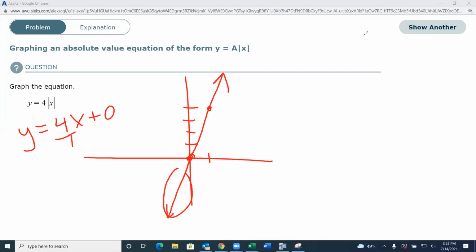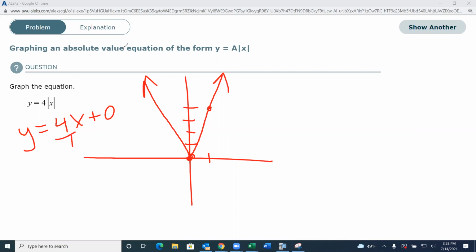So this stuff down here is not going to end up down there. In fact, it ends up right there, and it's just a mirror image of the stuff on the right. And that's what it's going to look like.